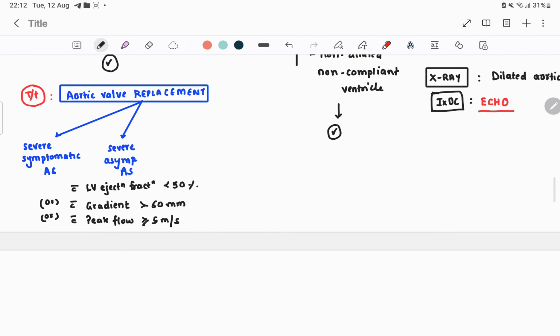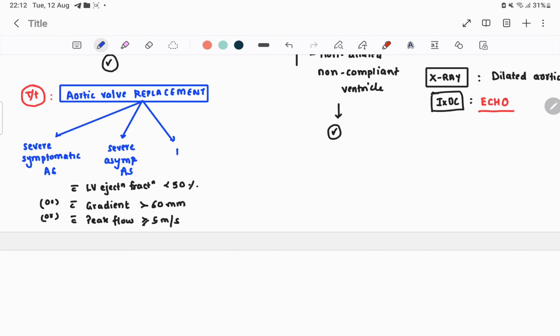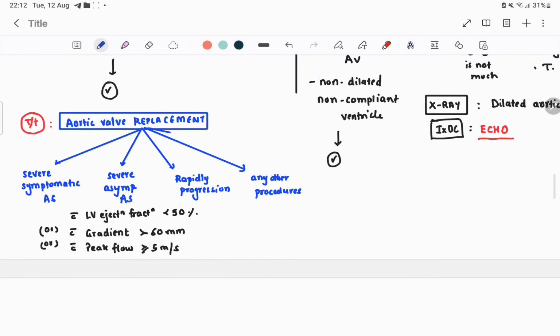Then we'll see if your aortic stenosis is rapidly progressing, that is, on echo the aortic stenosis is increasing. Also if we are indicated for any other surgery or procedures, and if your dobutamine stress test is positive.